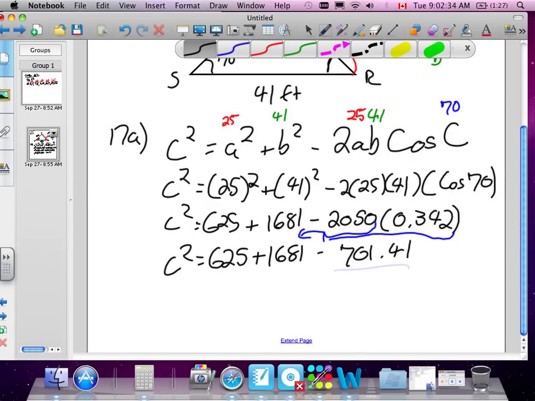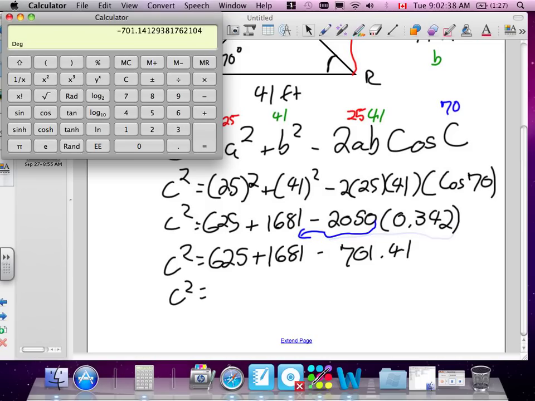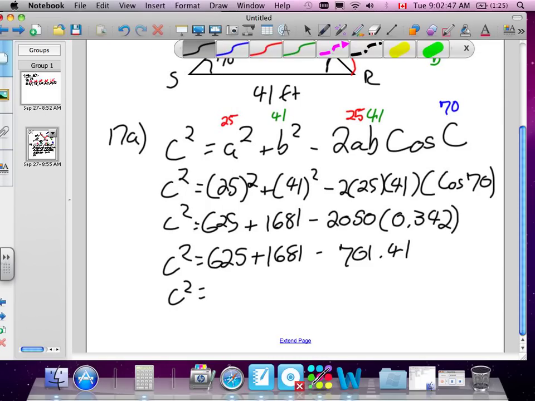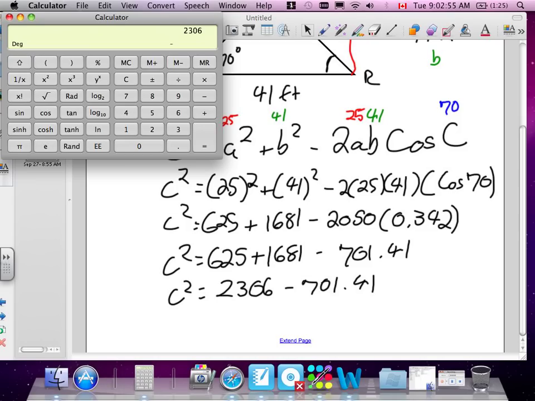C squared is equal to 625 plus 1,681, 2306. Subtract 701.41. 1604.